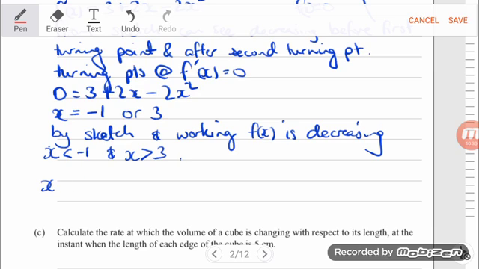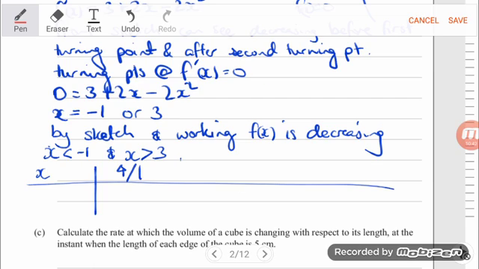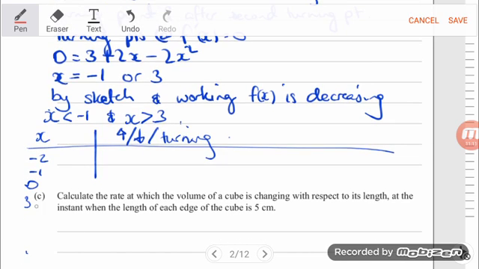So in the table we have our x values, and then increasing or decreasing, or turning. You could say -2, -1, which would put us on the turning point, 0. Then you can go 3 and then go 4.